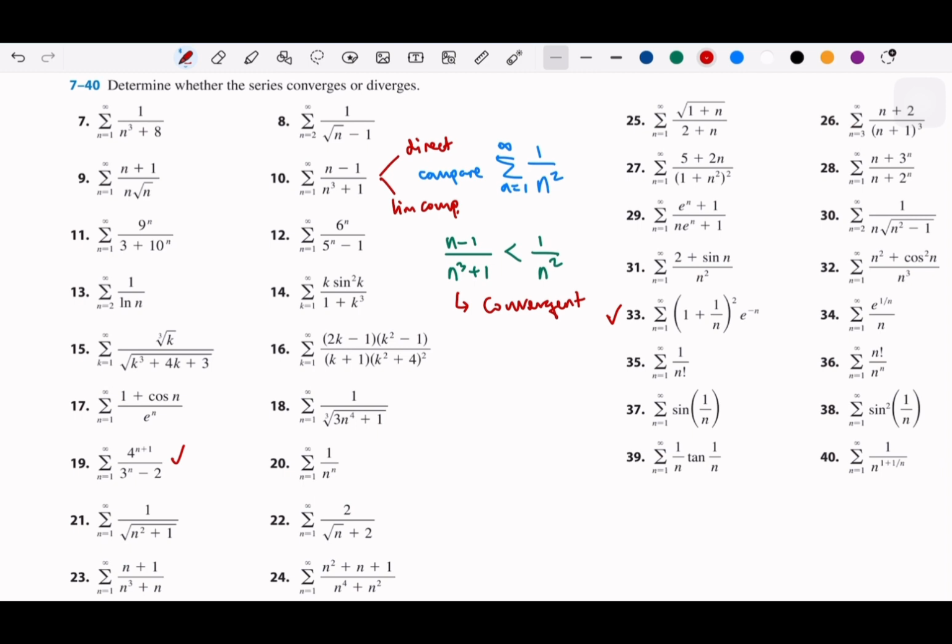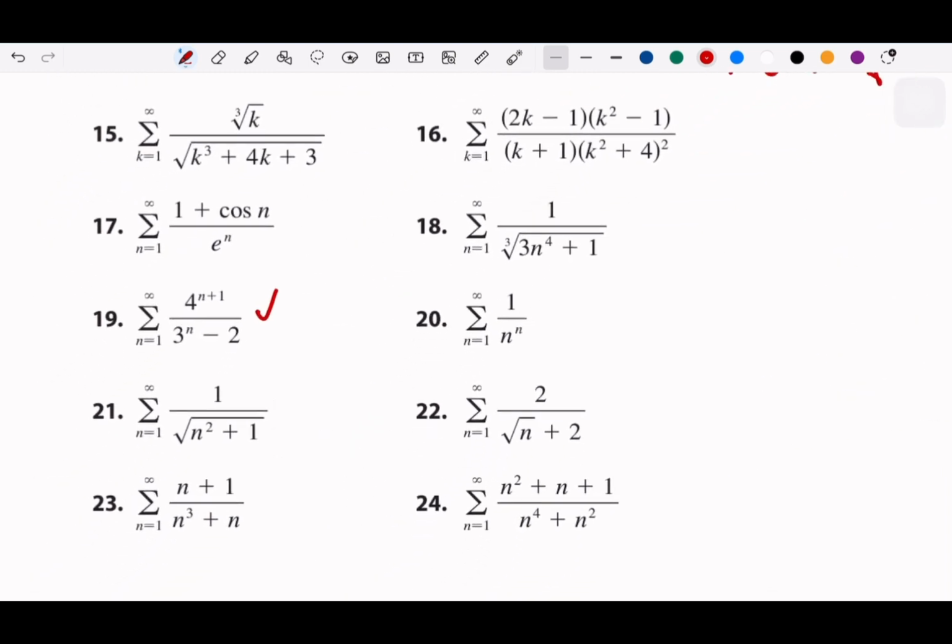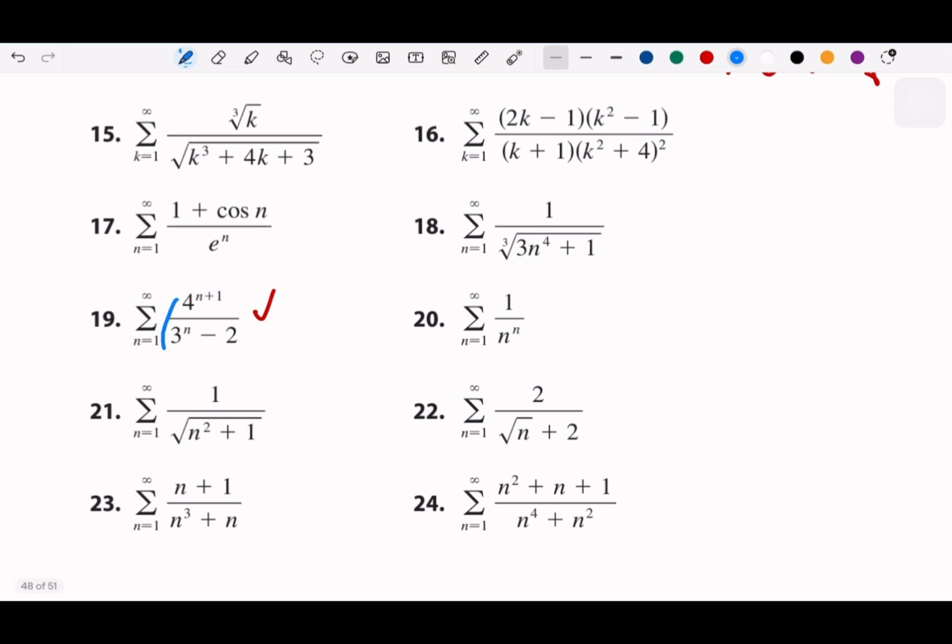So let's see number 19. You see that we have a fraction, 4 to the power of n plus 1 over 3 to the power of n minus 2. From this part, we can see that we have a dominant term, which is this, right?